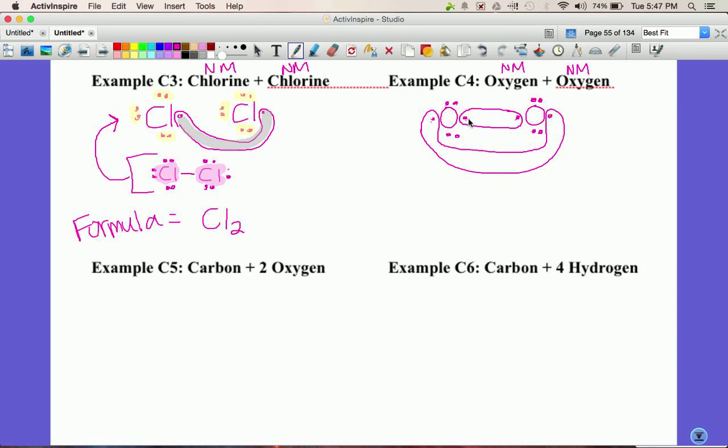Now remember, every loop is a line. So we looped twice, 1, 2, so that means we're going to have 2 lines here. And again, you transfer over those extra little electrons that were already paired.